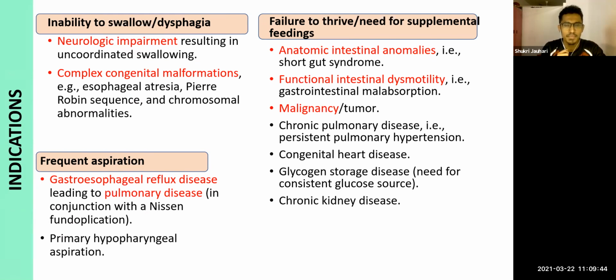The second one is failure to thrive or need for supplemental feedings, such as in patients with anatomic intestinal abnormalities, functional intestinal dysmotility, and also if the patient has any malignancy. And last but not least, if the patient has any history of frequent aspiration, such as gastroesophageal reflux disease leading to pulmonary disease, and also primary hypopharyngeal aspiration.